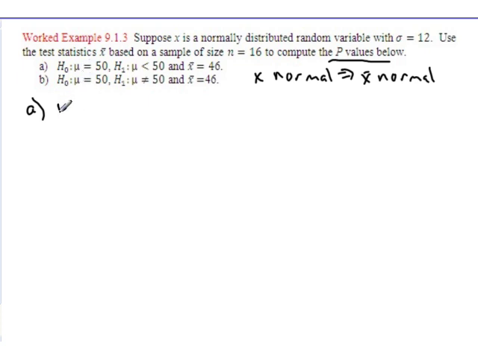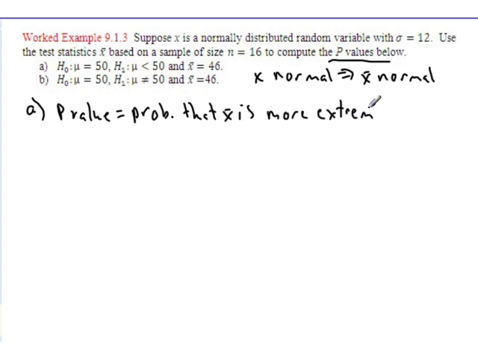So our p-value, in general, is equal to the probability that x bar is more extreme than the test statistic. Test statistic in this case is 46, x bar equals 46.